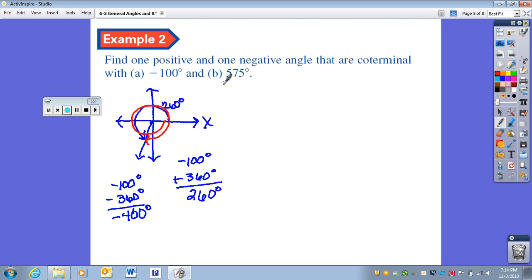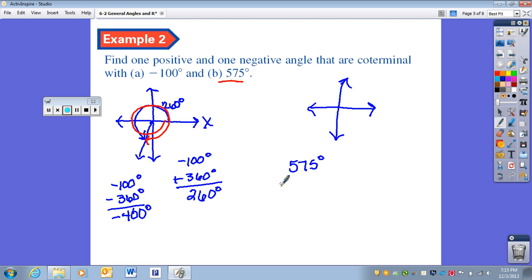Let's take a look then at our next example, which is 575 degrees. So again, take a look. And we want these to be coterminal. So the way that we can find those is to take our 575 degrees, and we can either add or subtract 360 or multiples of 360, because there would be many choices for us to find angles that are coterminal.